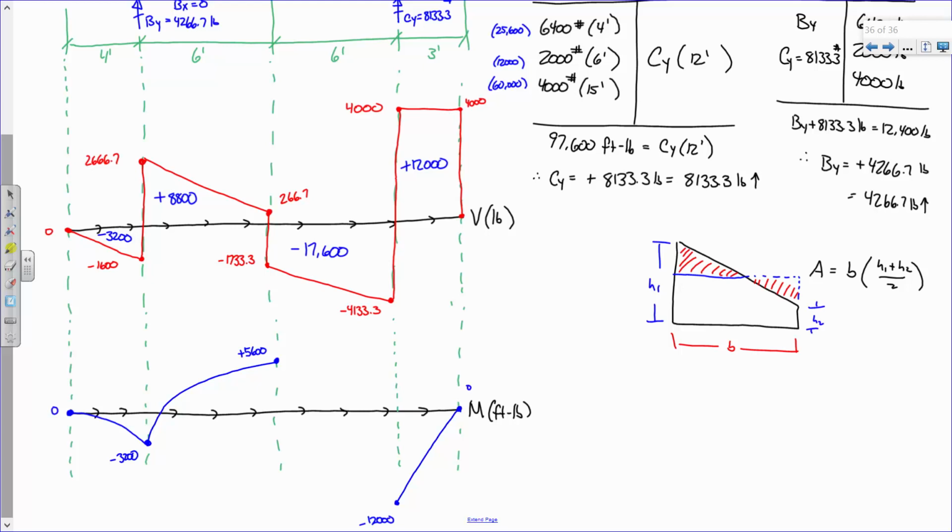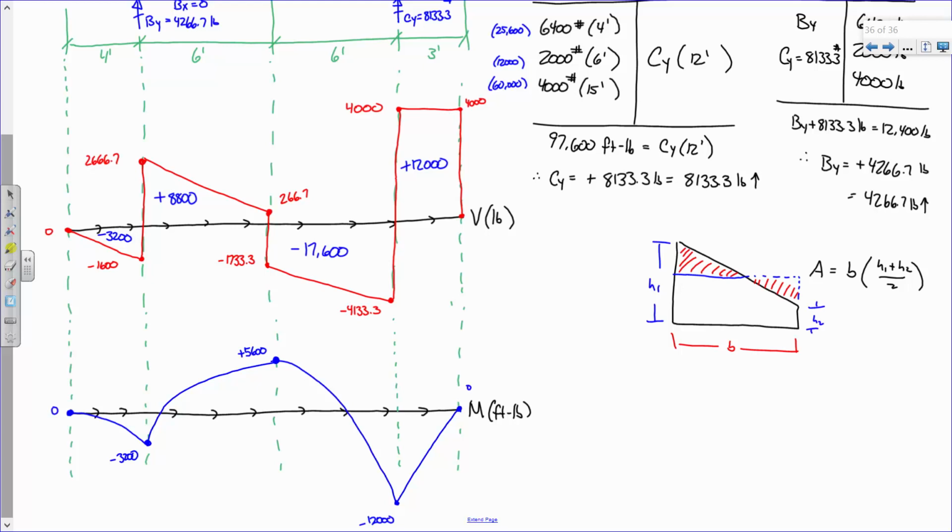Little bit of slope to a lot of slope. And there's your shear moment diagram. Boom. What do you think? Are there any questions on that?